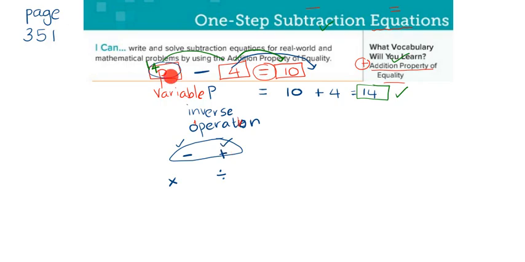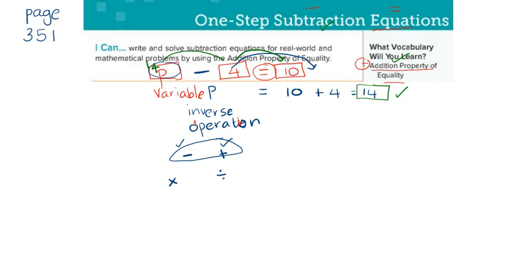So to find p, because it's a subtraction equation, we're going to add these two numbers together to give us 14, and then test it to see if it works. That's what the addition property of equality means. We will use it for subtraction equations.